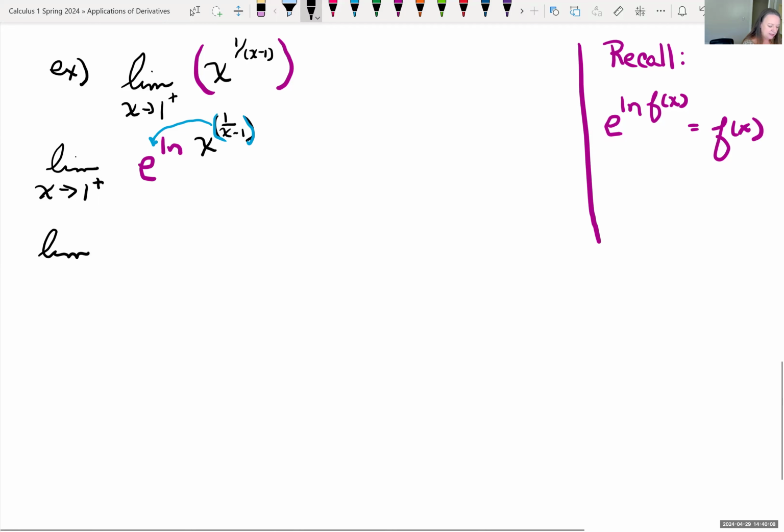So I have the limit as x is approaching 1 on the right of e raised to 1 over x minus 1 times the natural log of x, which I can rewrite as the limit as x approaches 1 of e to the natural log of x all over x minus 1.